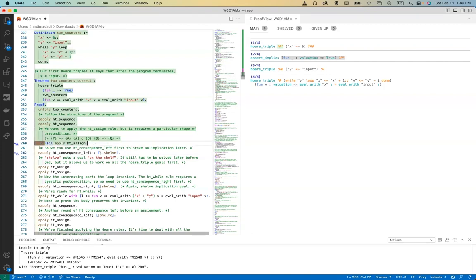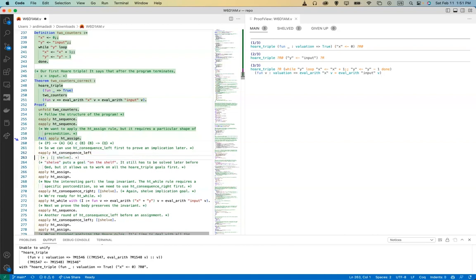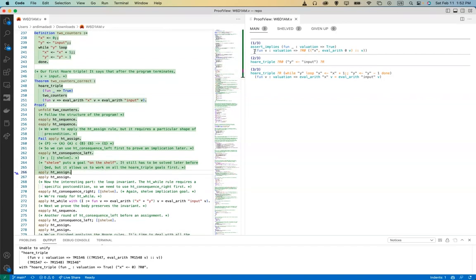So now that we replace the precondition with a placeholder, the assignment rule that used to fail because we were in the wrong shape previously, now, to see what that does, actually, let's comment this part out for a second and not shelve this. So question mark P prime is now distinct here, which is question mark R0 substituted with X, which goes to eval 0.